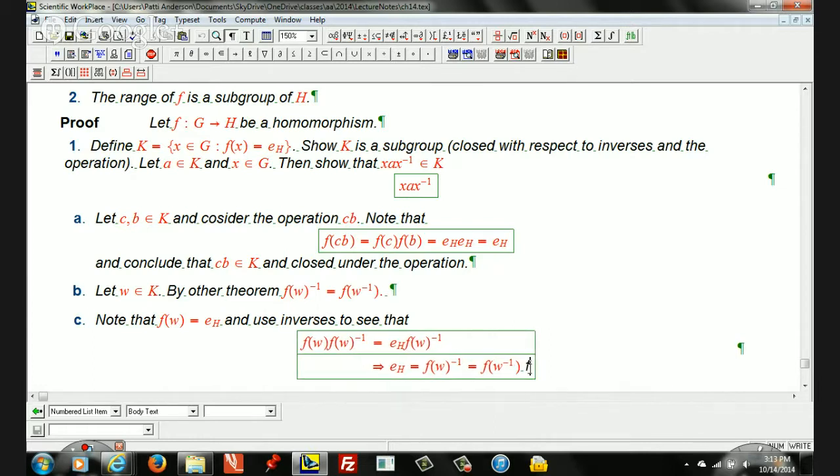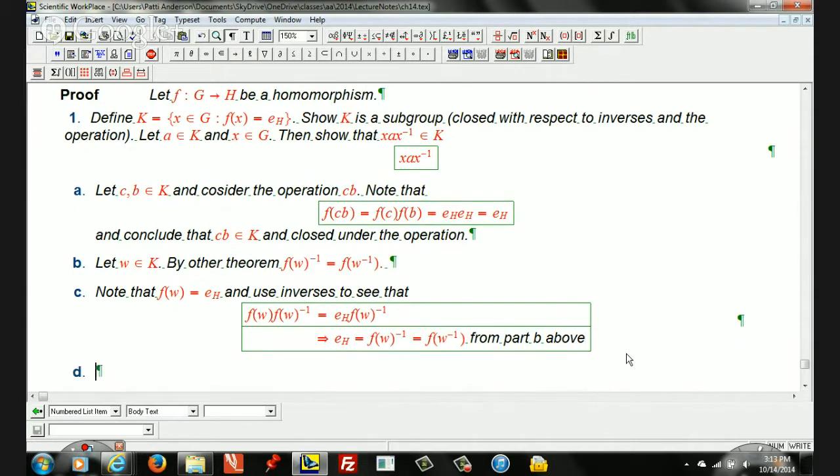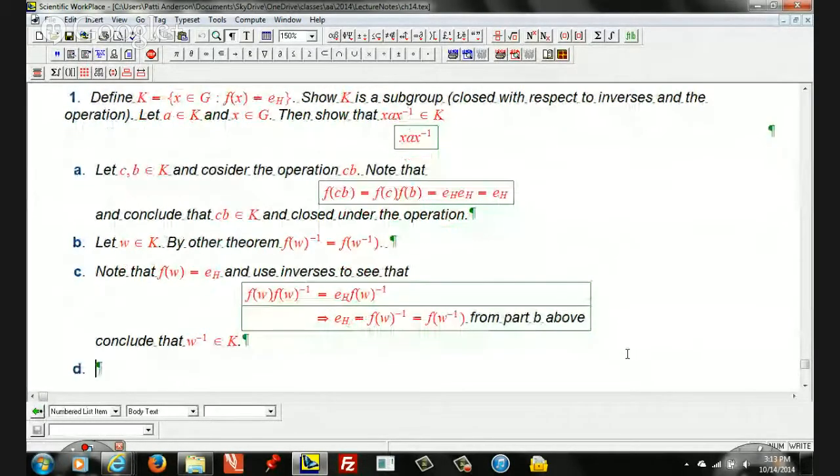So what does that tell you? And K is closed under inverses. Okay, so that tells you that K is a subgroup.